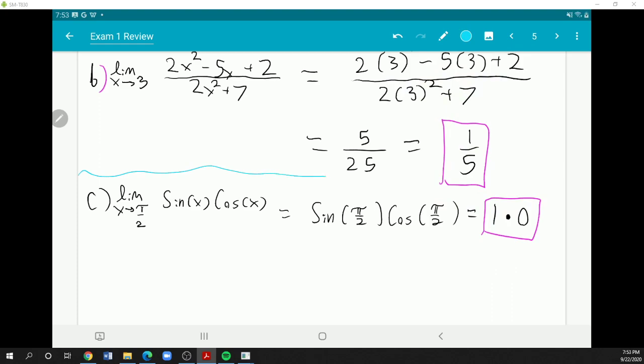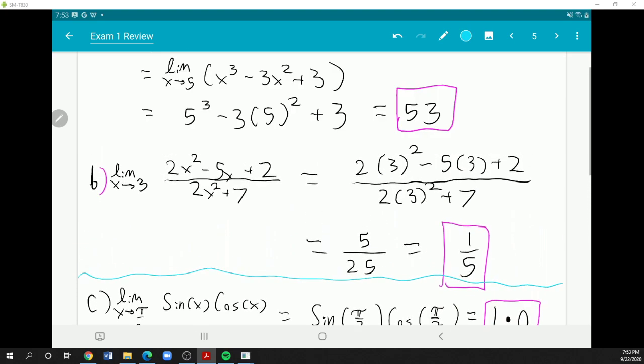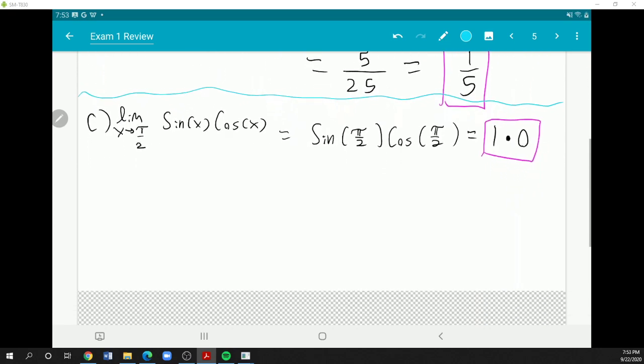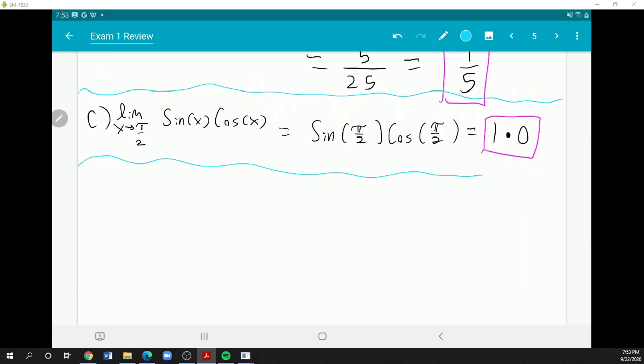And I'm just going to have a little blue line separating some parts, so it's more obvious where each one starts. All right, so keep going.